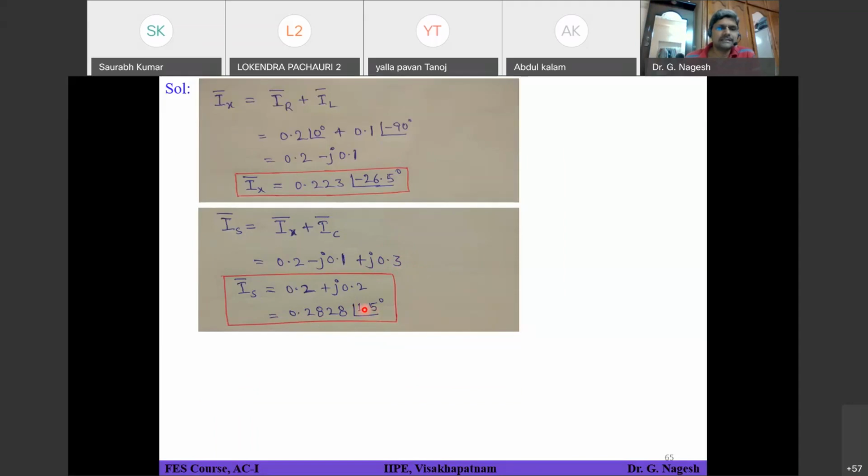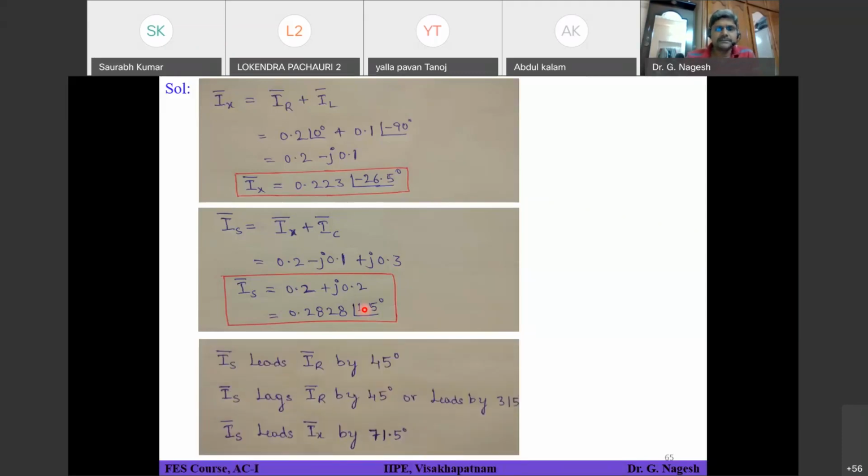So IS is lagging IC by 45 degrees. So the first part is correct, 45 degrees. In terms of leading, you can say 315 degrees; in terms of lagging, it is 45 degrees.